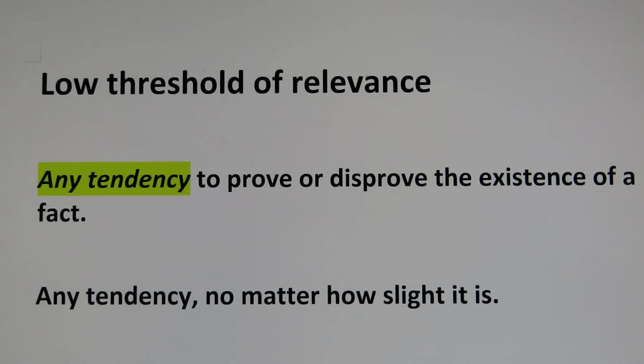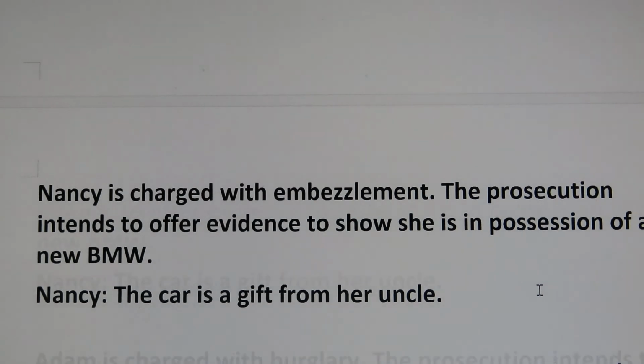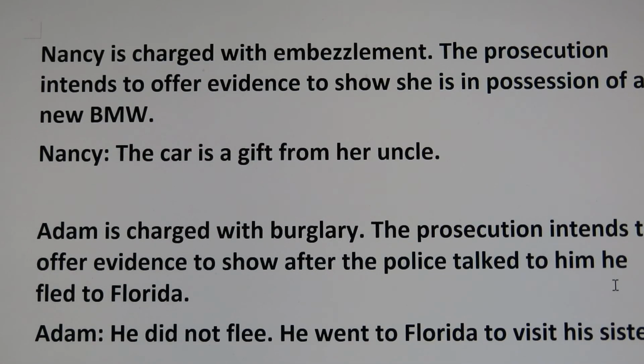We can discuss some examples, and that would demonstrate what we mean by this low threshold of relevancy. So first, let's look at Nancy's example. Nancy is charged with embezzlement. The prosecution intends to offer evidence to show Nancy is in possession of a new BMW.